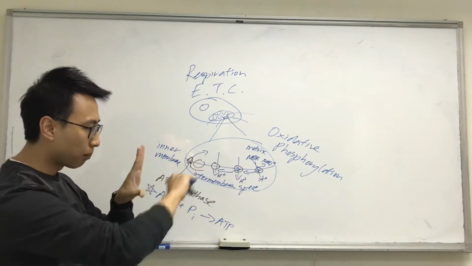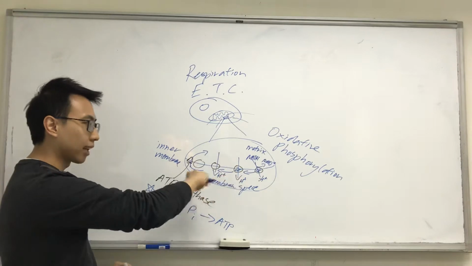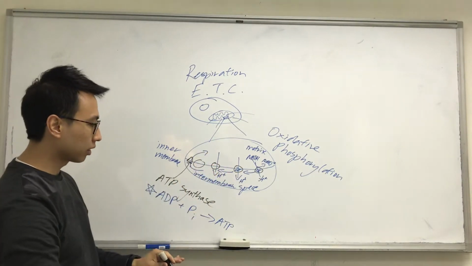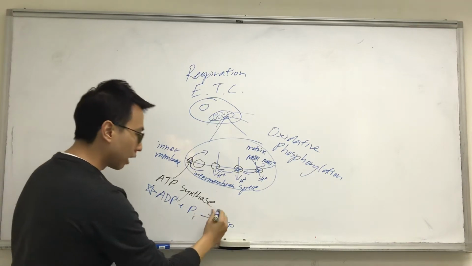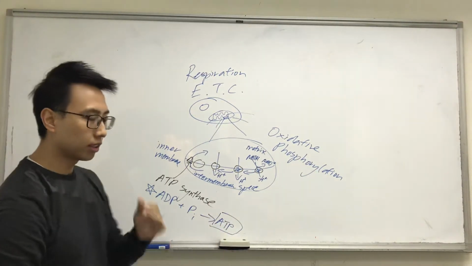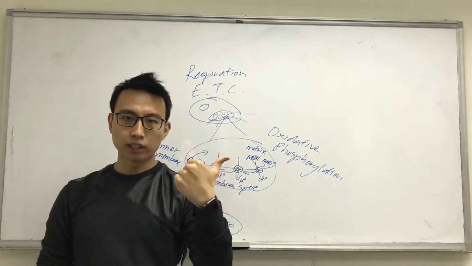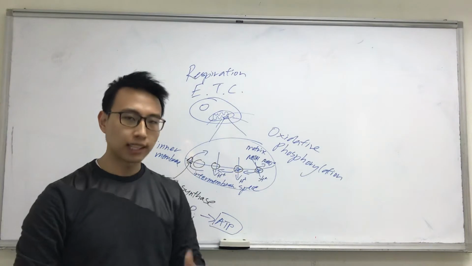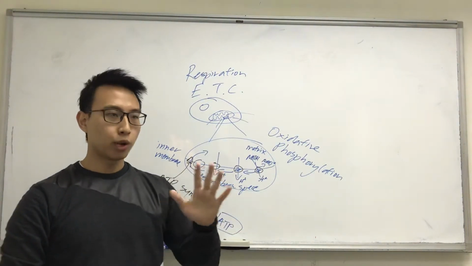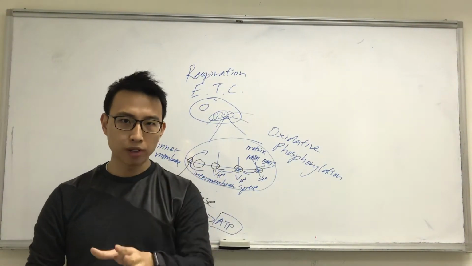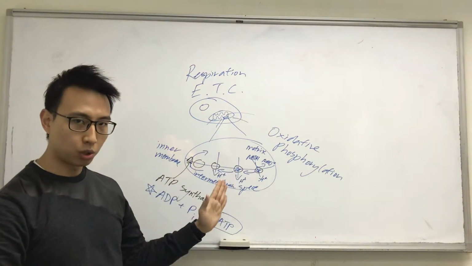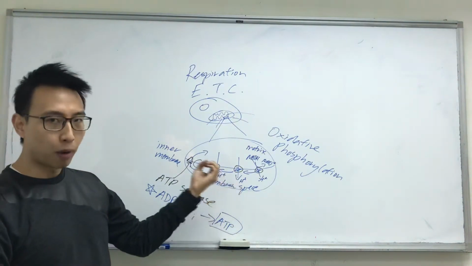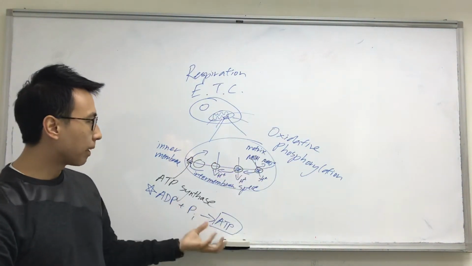As the concentration builds up, they can go back to the matrix, but during this process, you will get ATP produced. This is why in your glycolysis, your Krebs cycle, your link reaction, you keep on producing NADH. You are getting reduced hydrogen carriers so that at the last stage, you will be able to convert this energy from oxidation into making ATP.